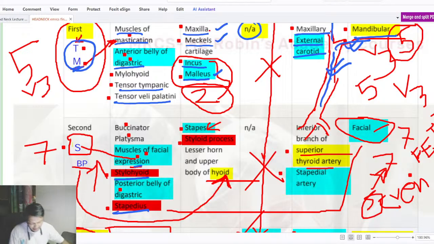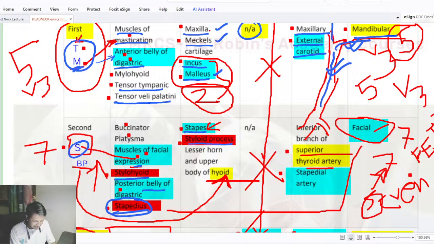Stylohyoid, stapedius. Most of the time they ask about stapedius, which comes from the second arch, and stylohyoid also. Previously we got the anterior belly of digastric from the first, so the posterior belly definitely comes from the second. Then S for stapes and styloid process.